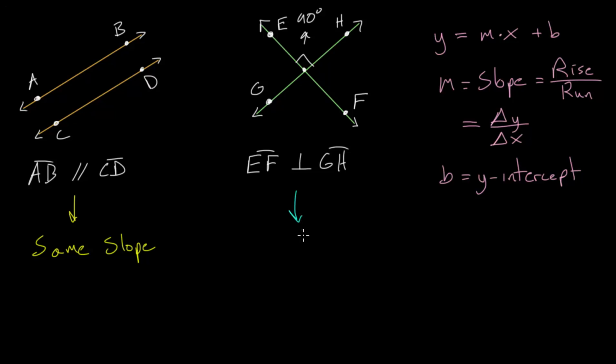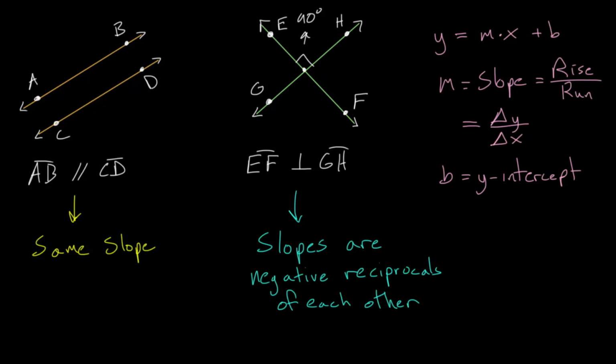So these slopes, we can say, are negative reciprocals of each other. So negative reciprocals. Now, one thing you can notice is that if one of these lines has a positive slope, the other one has to have a negative slope. So if one is generally going up, the other is generally going down. So that's where the negative comes in.